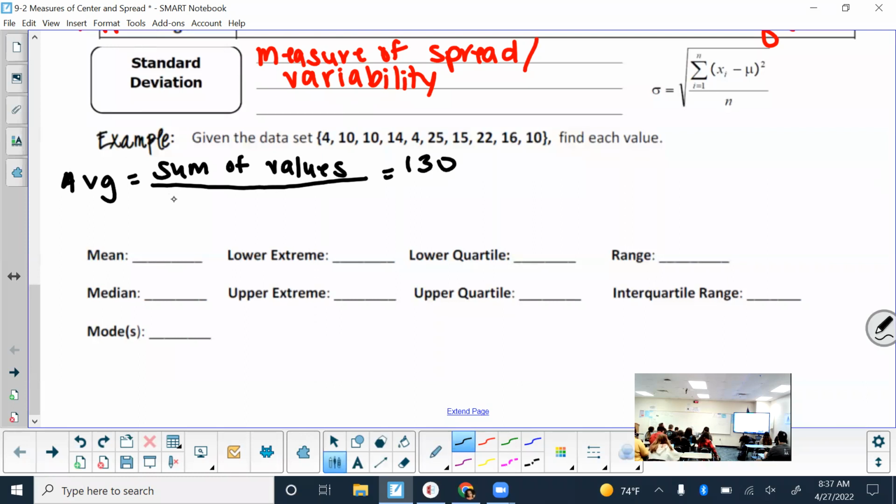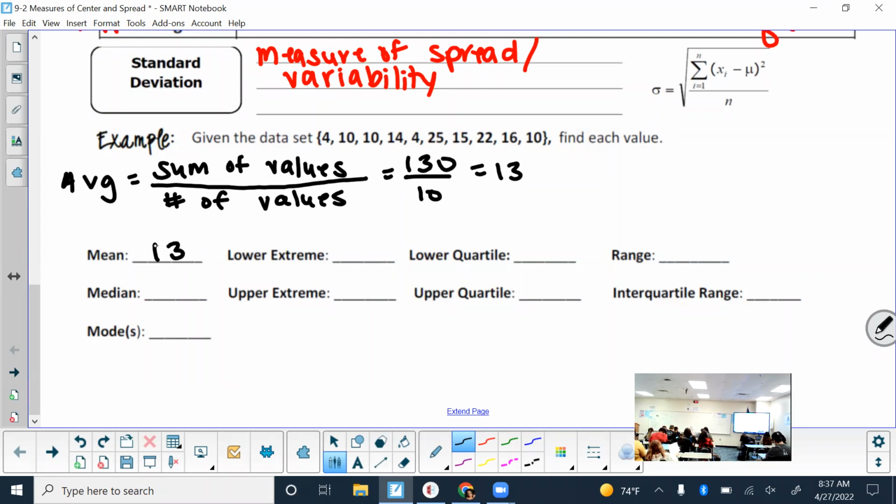All right, and how do I know what I divided by? However many numbers are in the data set. So count them. How many numbers do we have? 10. So then my mean or my average is 130 divided by 10, which is 13. Questions on that one?